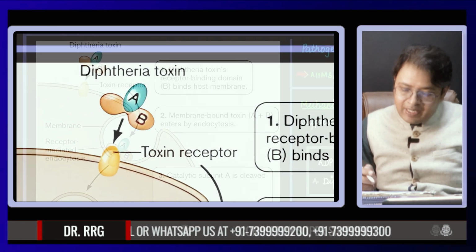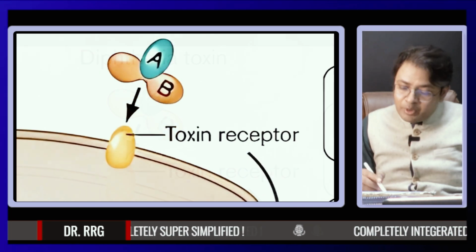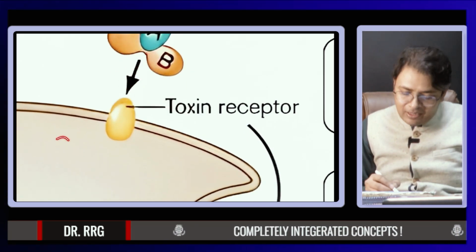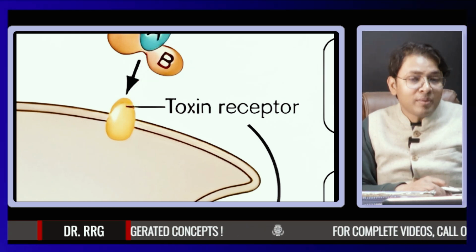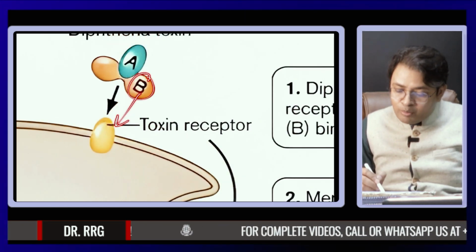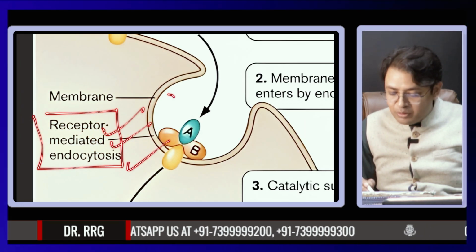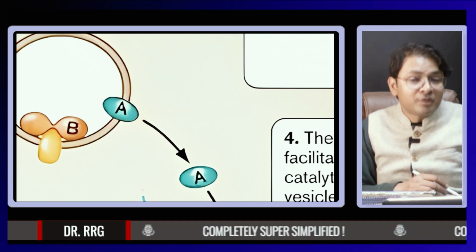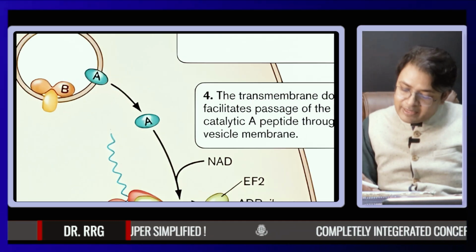Diphtheria toxin has two subunits, subunit A and subunit B. Subunit B binds to the toxin receptor present on our cell, and receptor-mediated endocytosis occurs. After that, the actual toxin subunit, subunit A, is released into the cytoplasm.